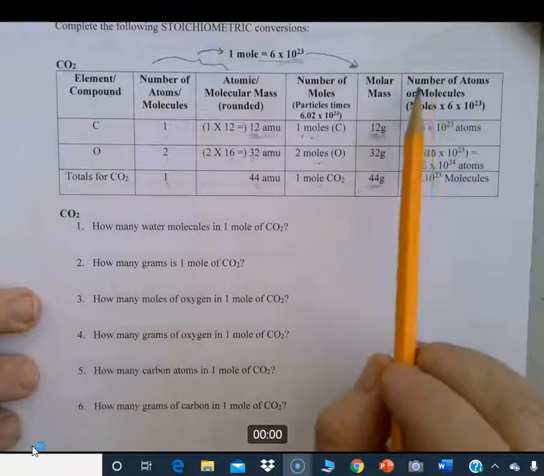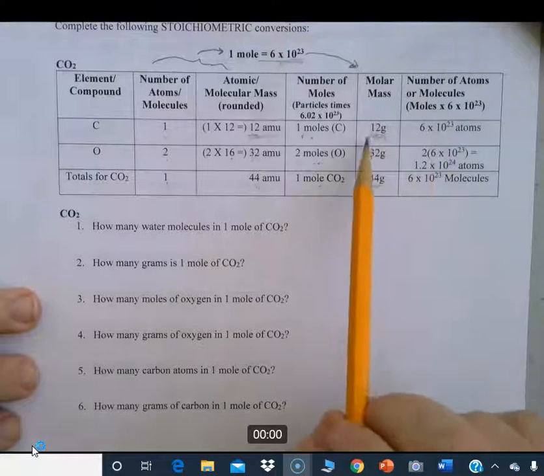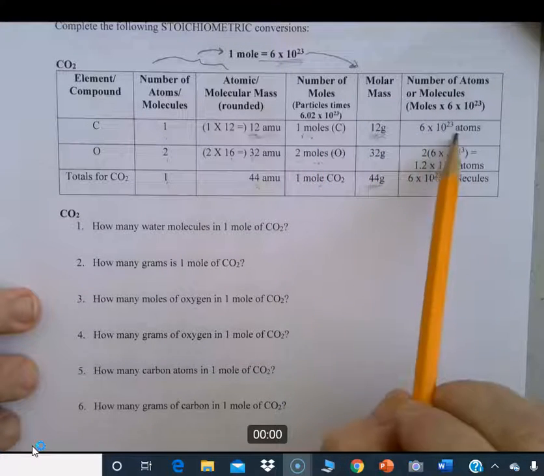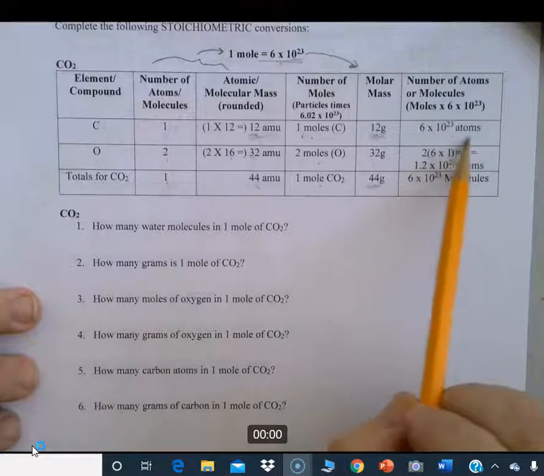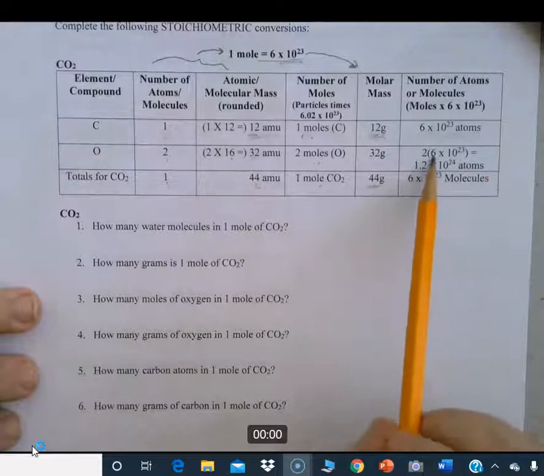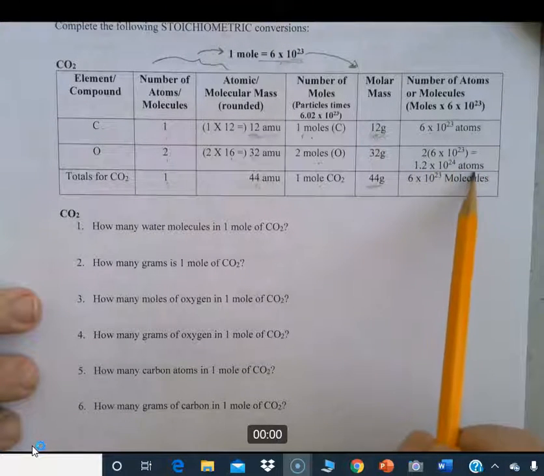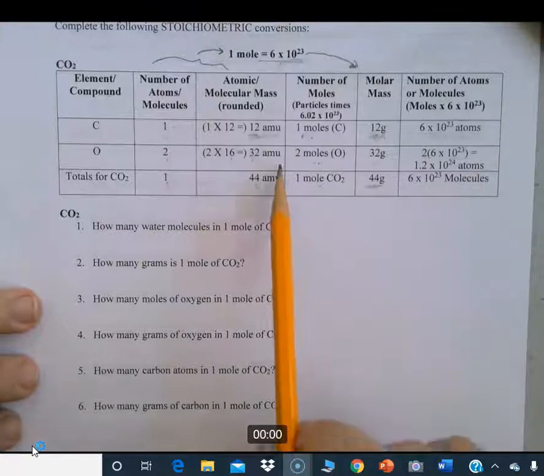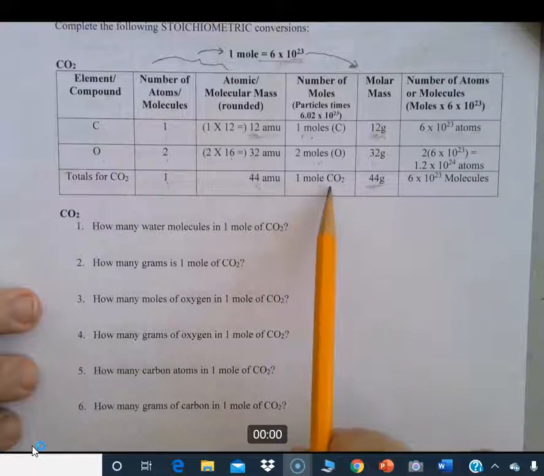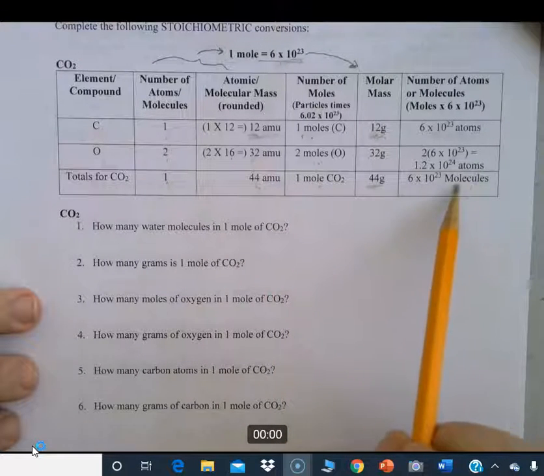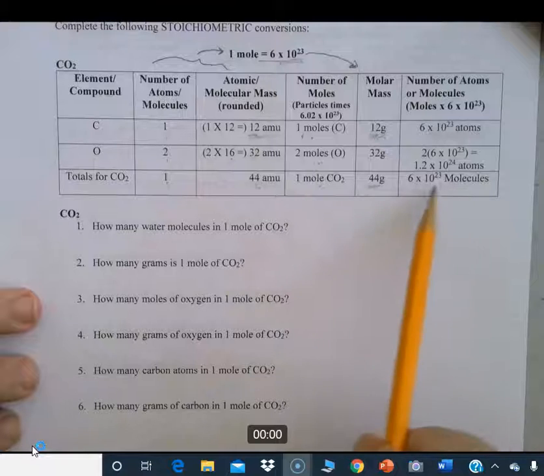And over here it's asking for the number of atoms or molecules. Well, if it's 1 mole, then it's 6.0 times 10 to the 23rd atoms of hydrogen. Over here it's 2 times 6 times 10 to the 23rd, or 1.2 times 10 to the 24th atoms of oxygen. And for molecules, it's 6 times 10 to the 23rd molecules of carbon dioxide.